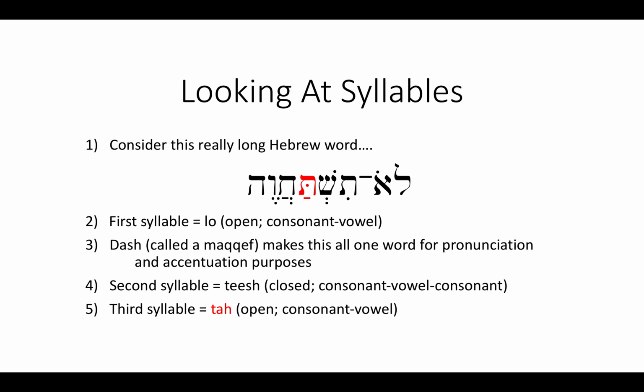Third syllable, ta. It's an open syllable, consonant-vowel. The fourth syllable is ha, also an open syllable, consonant-vowel.